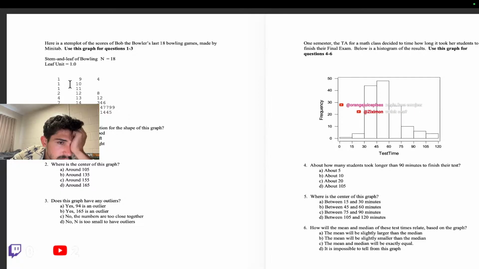Which one? I'm at number 1. I can't read the stem and leaf plot. I don't know how to read this. Doesn't make any sense.